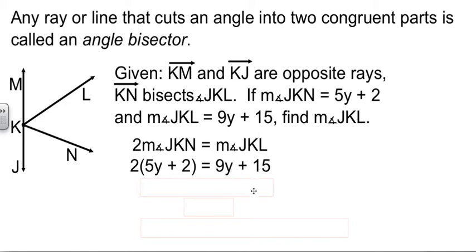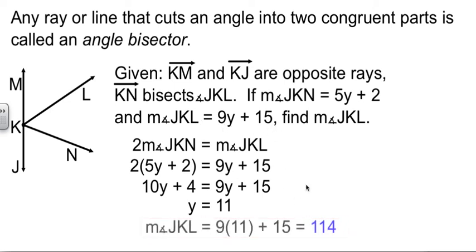We know how to deal with this: distribute, and then we can solve this equation. Subtract the 9y, subtract the 4, and we get y equals 11. And by now we know not to just stop at y equals 11. They ask us for JKL. So we need to plug into here. JKL is 9 times 11 plus 15. 99 plus 15 is 114.